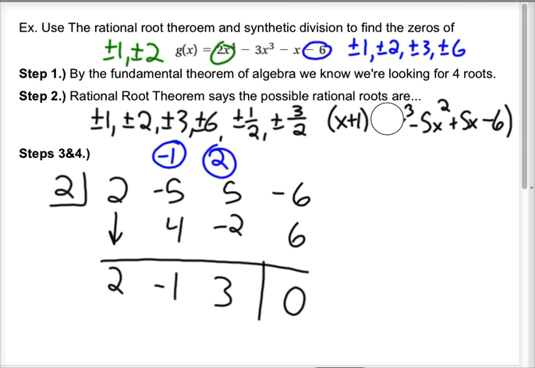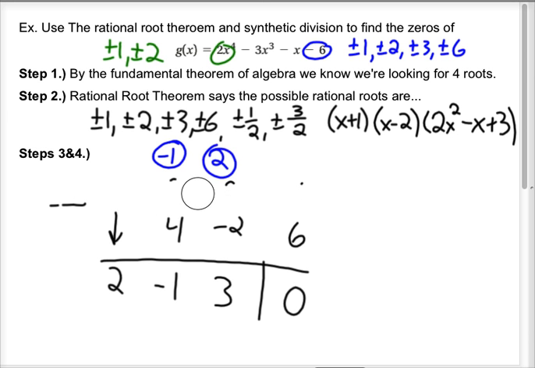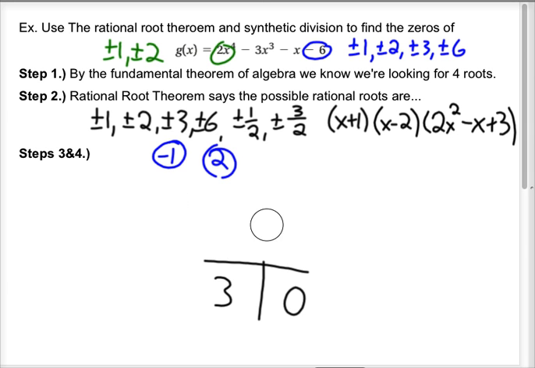So now I'm going to break this down even further because now I've added another piece to my linear term, and now 2x squared minus x plus 3 is a quadratic that I have left. I've now broken it all the way down to a quadratic. And once again, I would tell you right off the bat that this actually does not factor. So what that means is I'm going to have to use the quadratic formula on that last piece to figure out the final 2 roots.